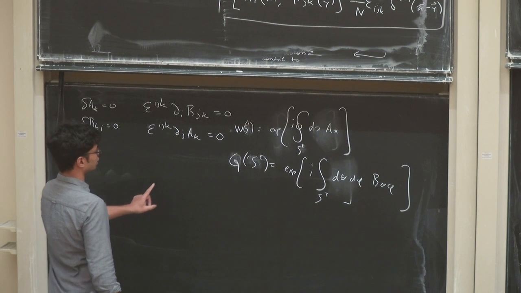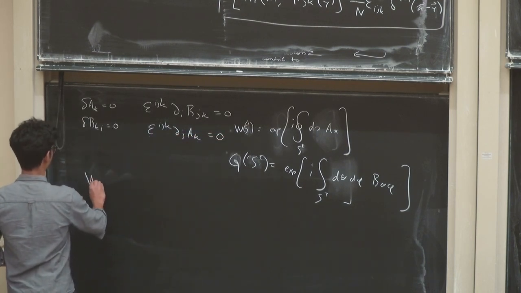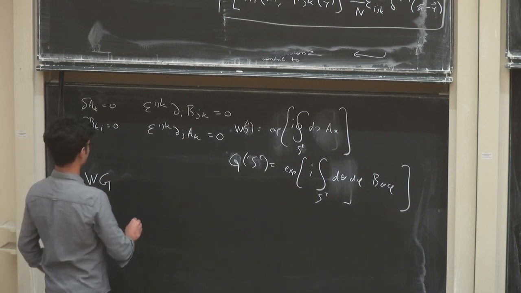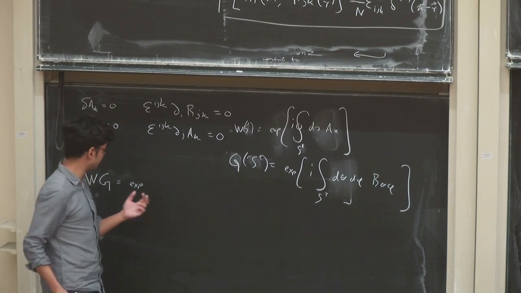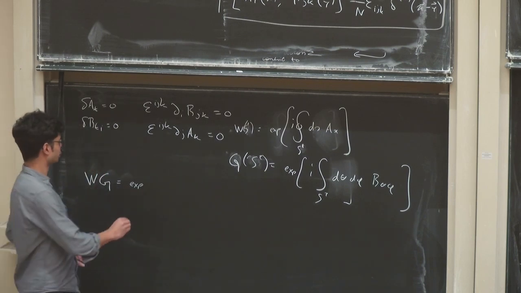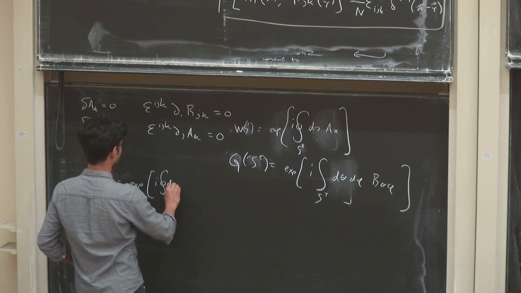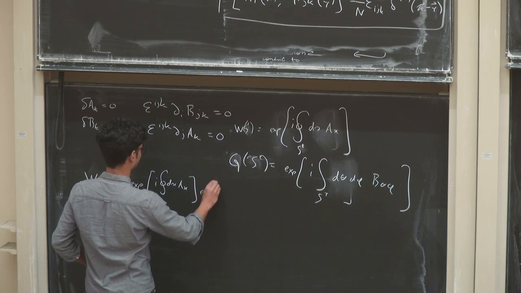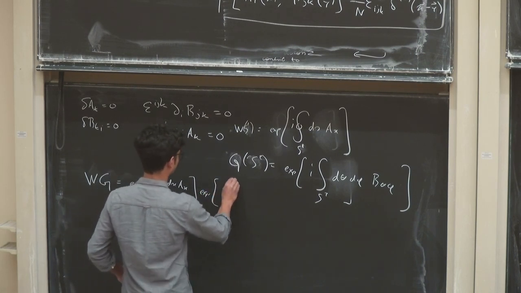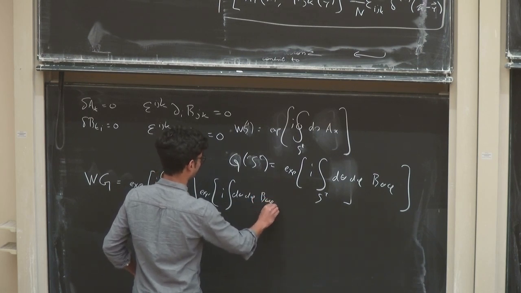Now, I want to work out the commutator of these two things. So I write down w times g. These are all quantum operators, so I have to be careful about the operator ordering. So that's exponential of I times the integral dx ax times the exponential of I integral d theta d phi b theta phi.